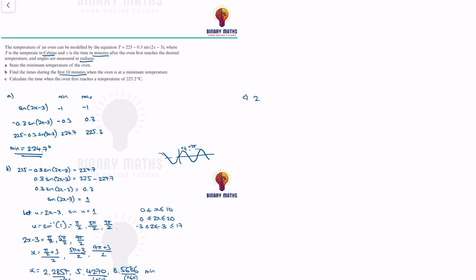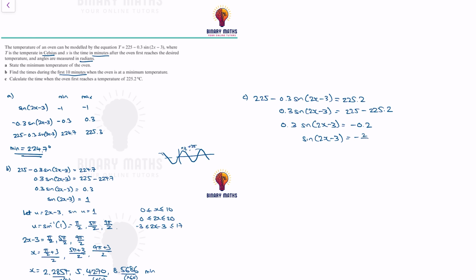So that means equate the equation to 225.2, which means 0.3 sine of 2x minus 3 is equal to 225 take away 225.2, which means 0.3 sine of 2x minus 3 is equal to negative 0.2, which means sine of 2x minus 3 is equal to negative 0.2 divided by 0.3, which is negative 2 over 3.